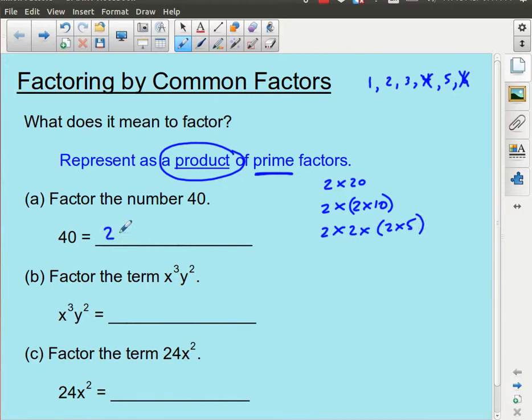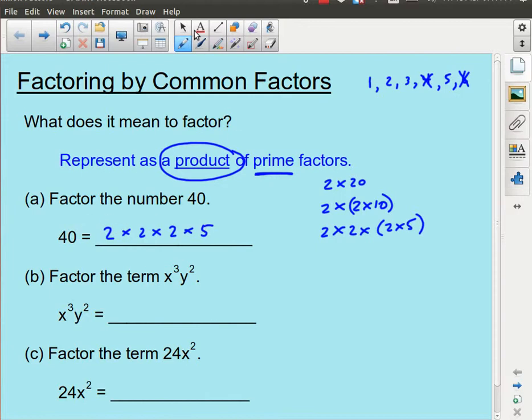So there is my product of prime factors. 2 times 2 times 2 times 5 is equal to 40. Now I'm just going to point out here I did use multiplication signs. Only do that when you're dealing just with numbers.